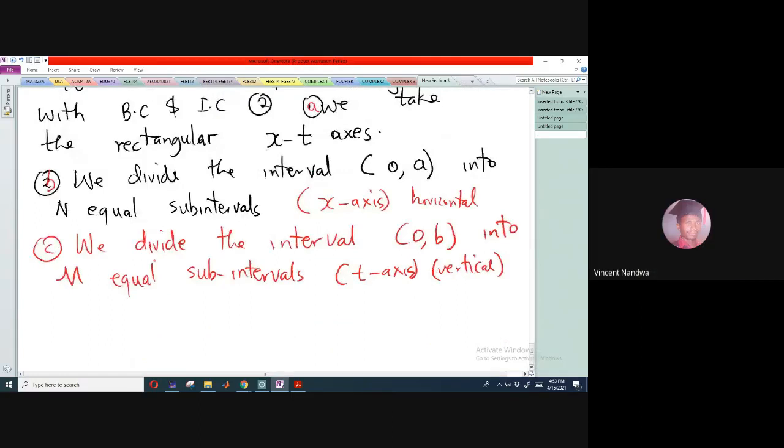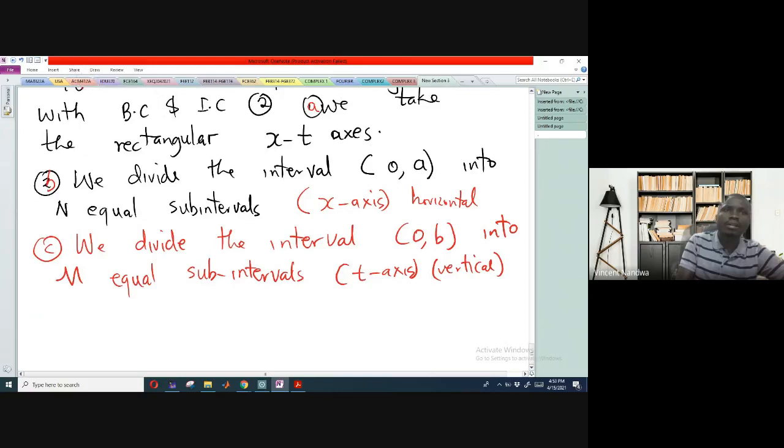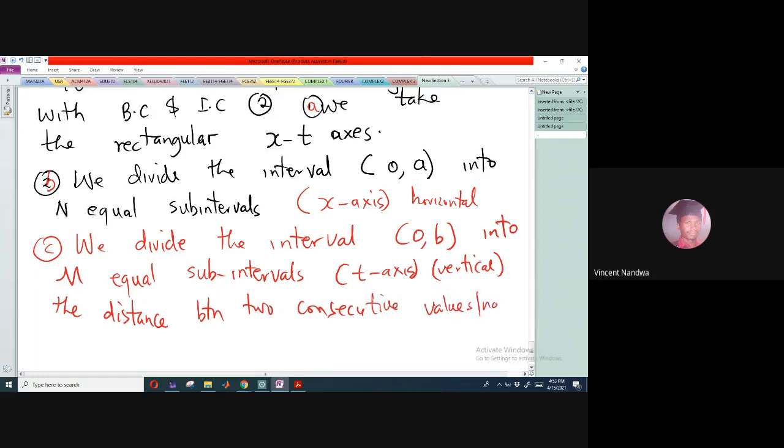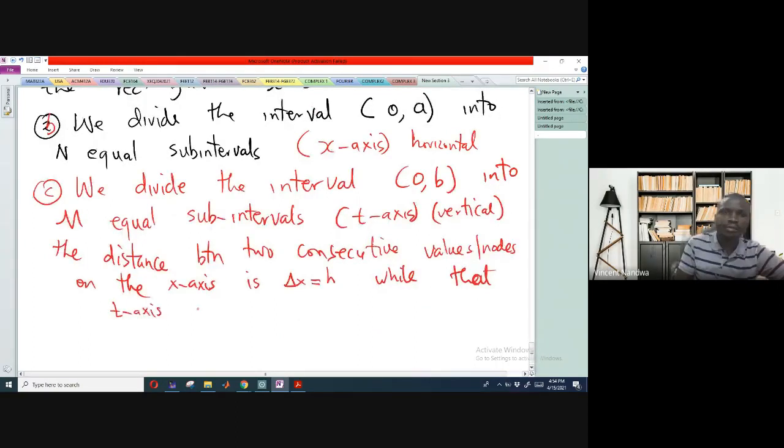And then, so therefore, the distance between two consecutive values or coordinates on the x-axis, so this small change in x, is h, while that on the vertical axis, on the t-axis, is called k.